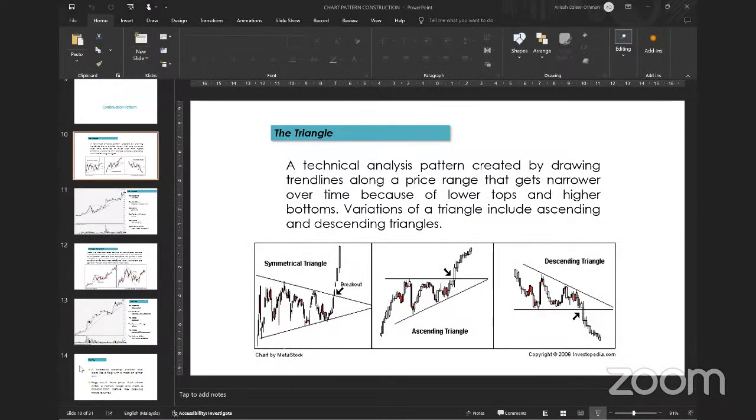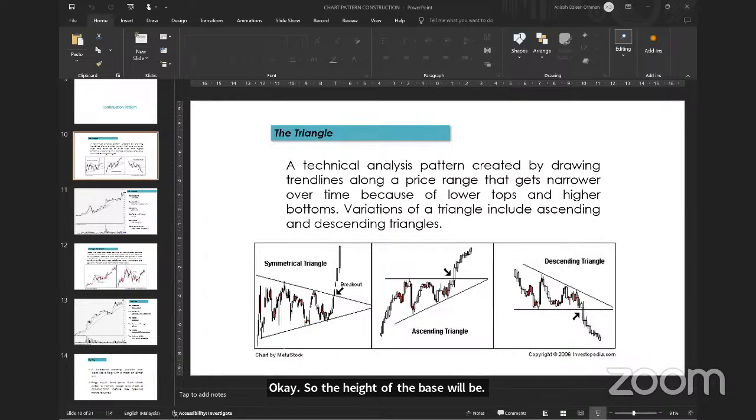Okay, so in order to calculate your target price based on the chart pattern, you need the base. The base is this area. So the height of the base will be the target.